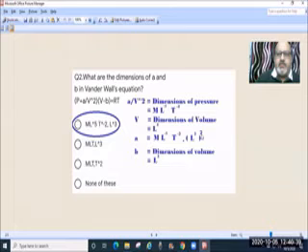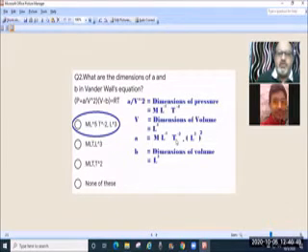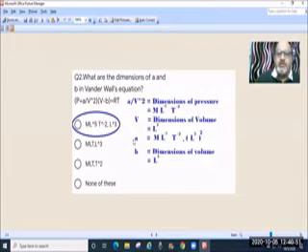So this will become L⁶ and you will get ML⁵T⁻², the dimension of A. See, this is the answer, ML⁵T⁻². This is the dimension of A.